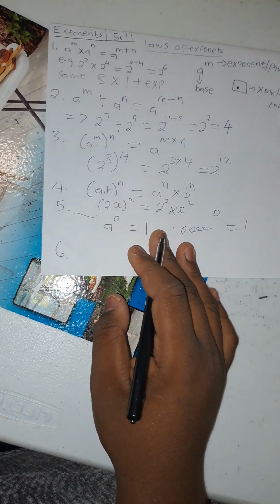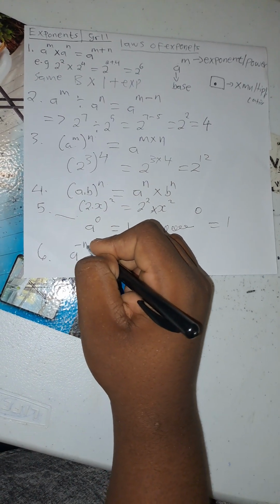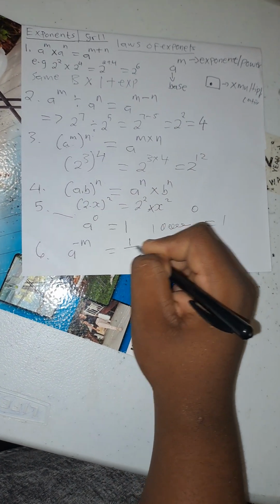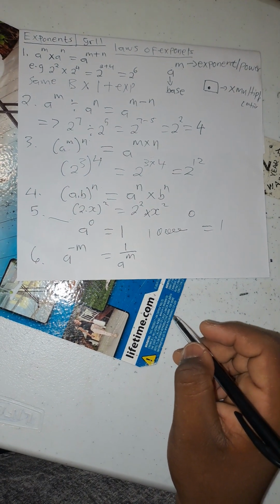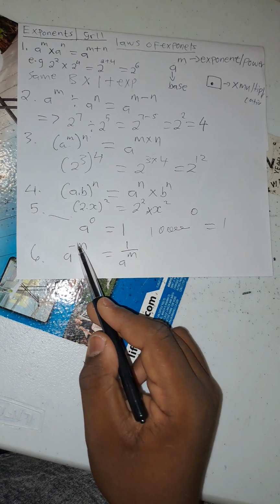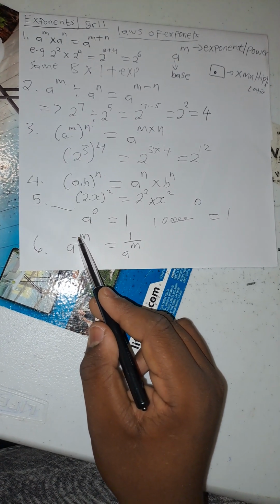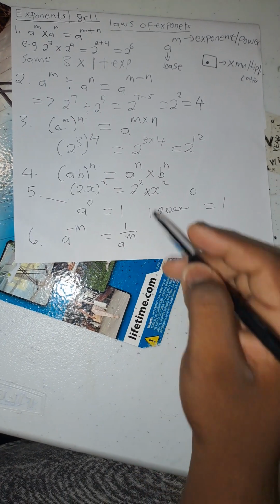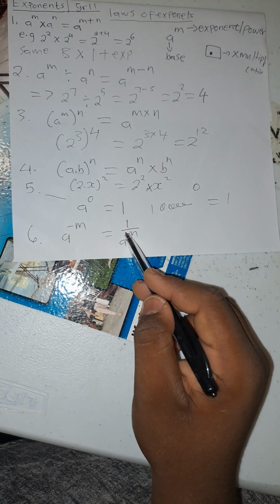Then number 6: a to the power of negative m is equal to 1 over a to the power of m. You see, so now we are dropping this and making it a fraction. So the negative changes.